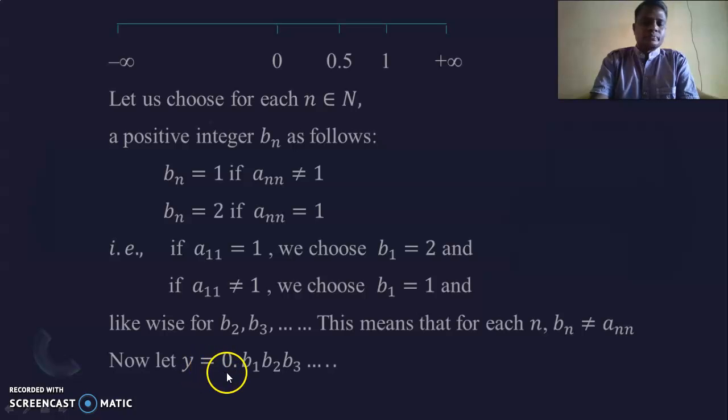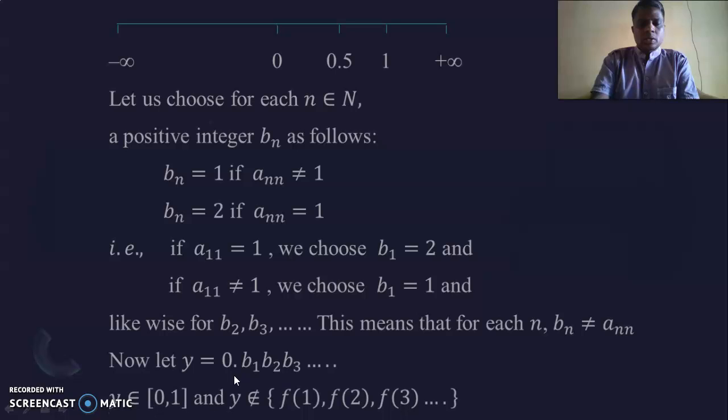So y belongs to the closed interval [0, 1] and y does not belong to f(1), f(2), f(3), since y differs from f(n) in at least one place.